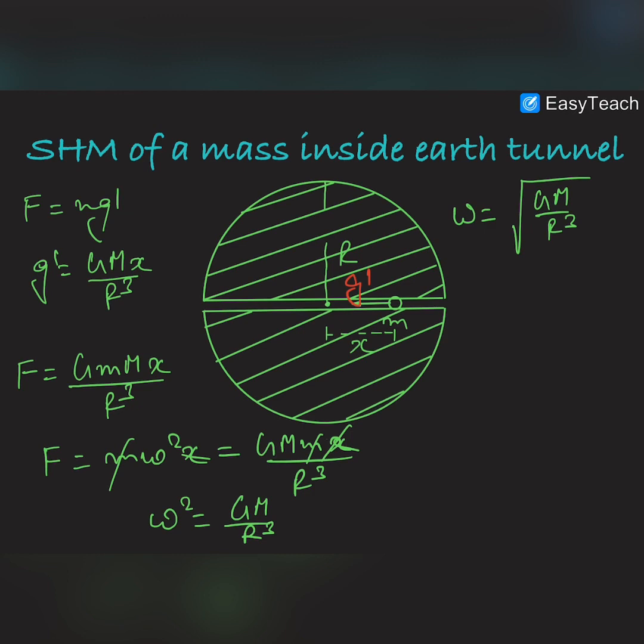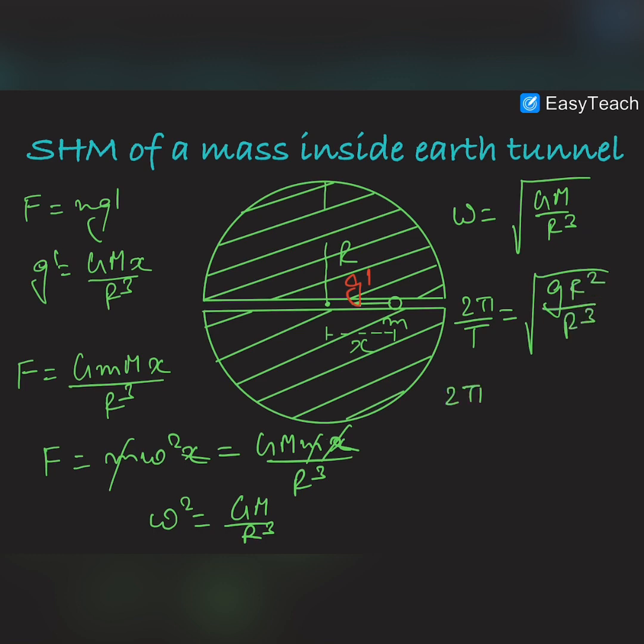And this 2 pi by T is equal to under root of GM, which is gR square, by R cubed.